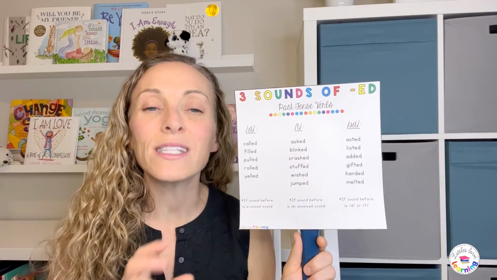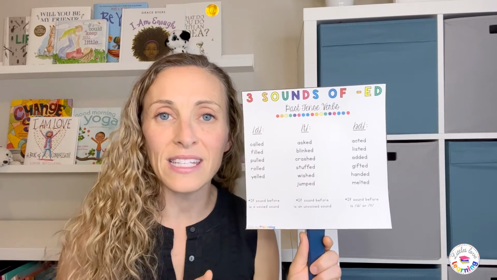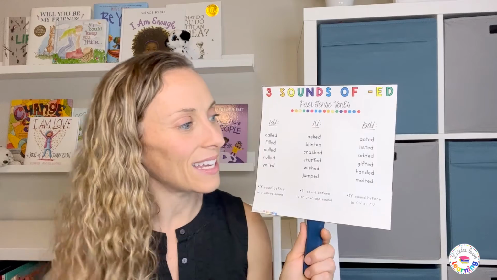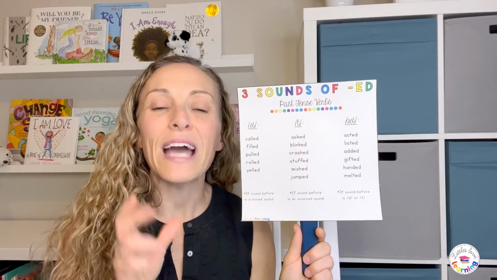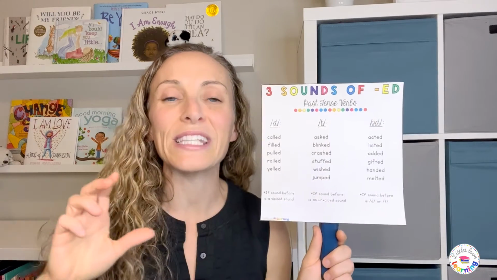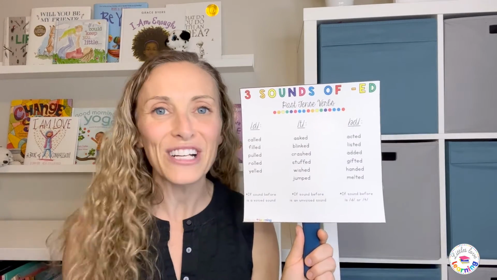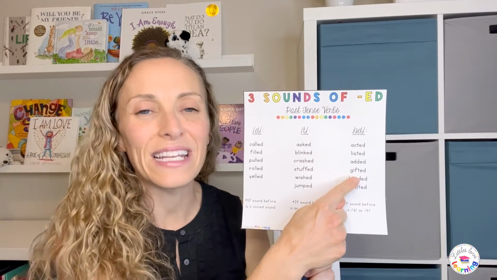Because those words, the base word ends with a d or t before we add our ed, that's why it's pronounced id. So that actually is going to be very helpful because a lot of kids are going to think that when they see ed, they should say ed, but it's not ever ed. It's either d, t, or id.